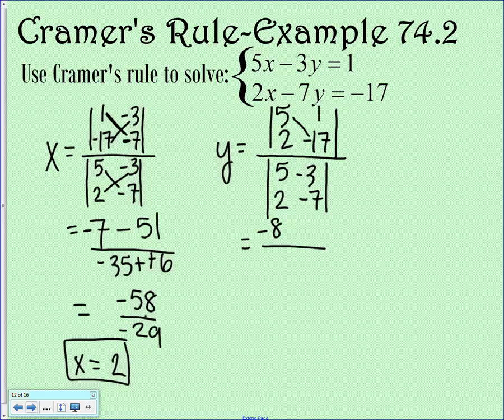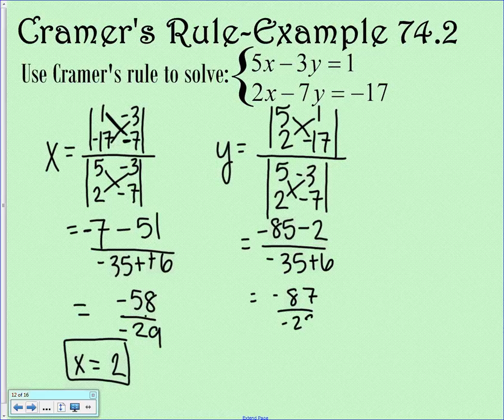So negative 85, and then minus 2, and then negative 35 plus 6. So that's going to give you negative 87 over negative 29, which is going to give you a 3 for your y value. And so that would be how you would solve using Cramer's rule.